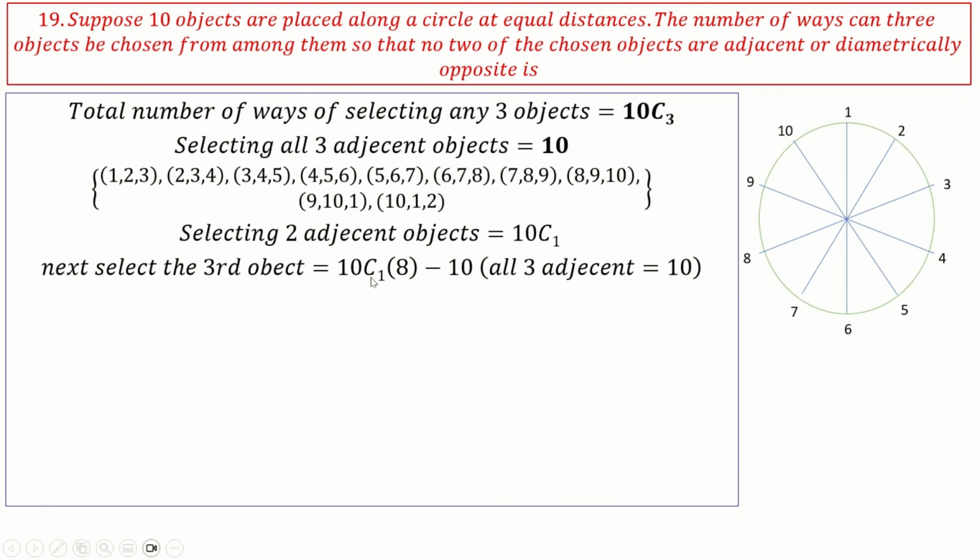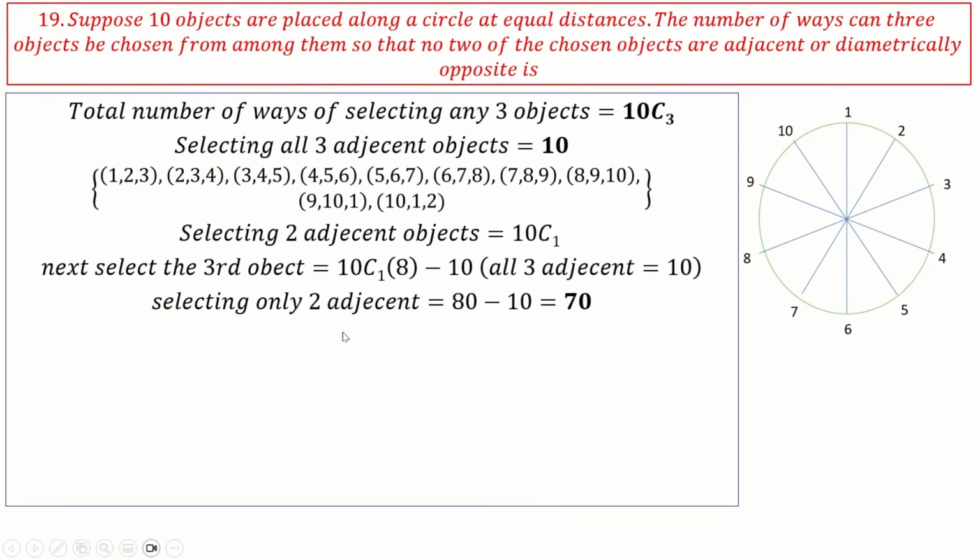If I select any of the remaining 8, there are 10 possibilities that all three will be adjacent. One already I selected, 1 and 2. So 10C1 into 8, but this can form all three adjacent, and we know that is 10, so minus 10.